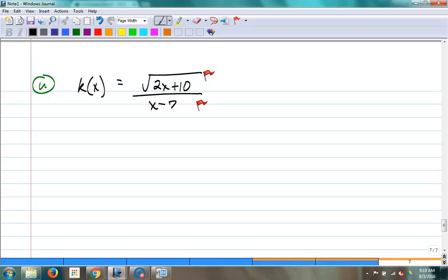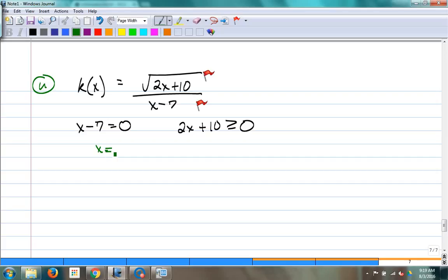Okay. So I'm going to set them up. How do I set up for the x in the denominator? Since that's the first one we talked about. Yeah, x minus 7, set it equal to 0. And then what do we do for the 2x plus 10? Yeah, put it greater than or equal to 0. And then you're just going to solve both of those.